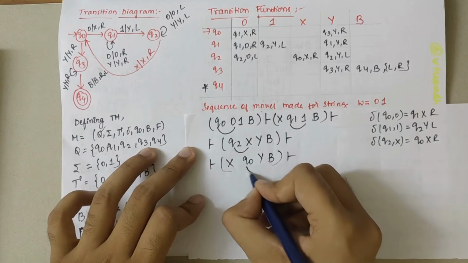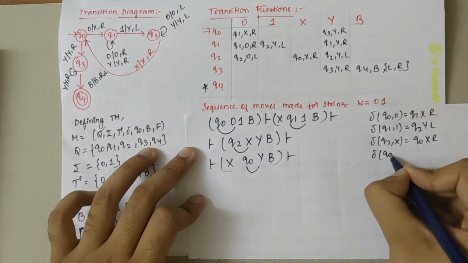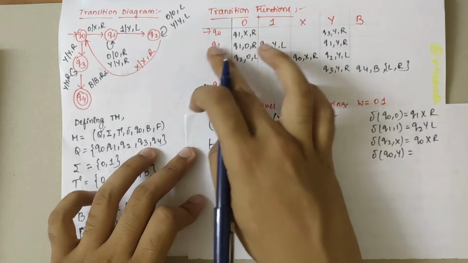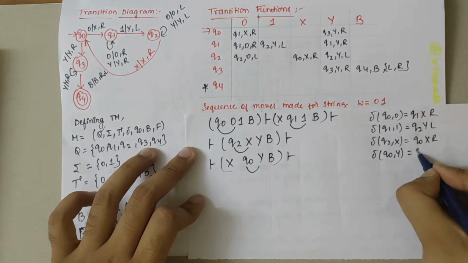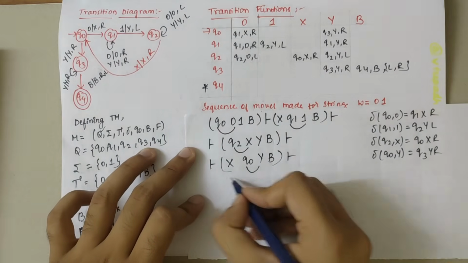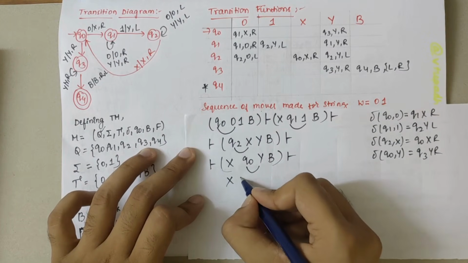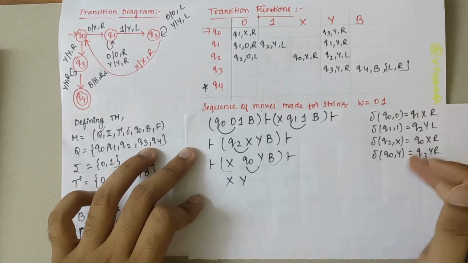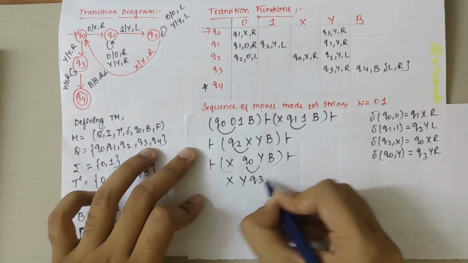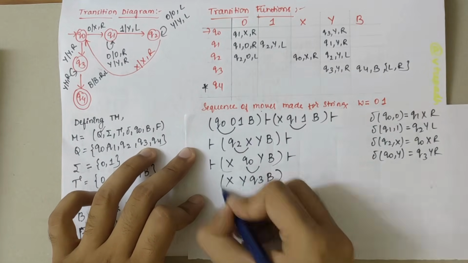Again transition of Q naught on Y, I have Q3, Y, R. So Y shifts this side. So X, Y, Q3. From Q naught it is changing to Q3 and further moves right.